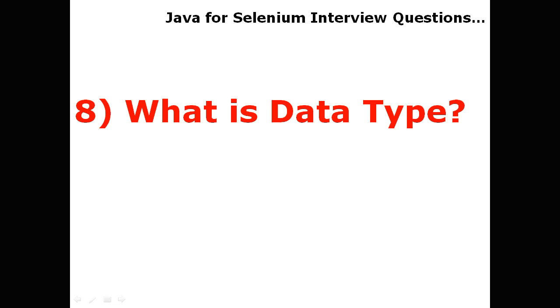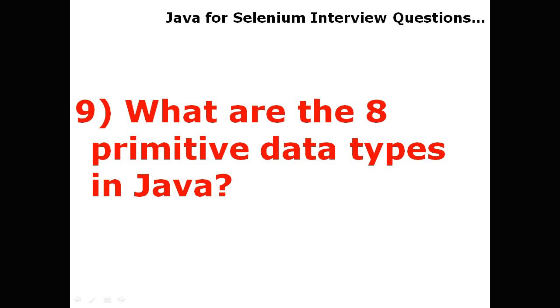Java has two categories of data types. One is primitive data types, second one is non-primitive data types. Next, what are the 8 primitive data types in Java? Java has 8 primitive data types.